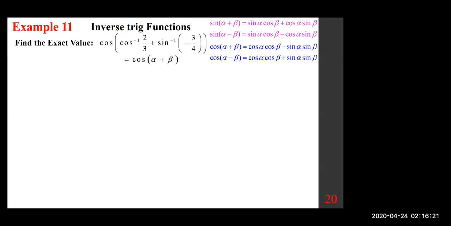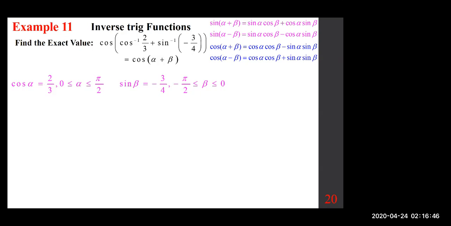So you start with the first one and you write cosine of alpha is 2/3 and sine of beta is -3/4. Okay. Now, cosine alpha is positive and it's between 0 and pi/2. Why is that?